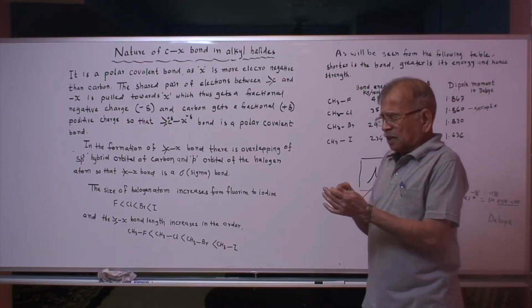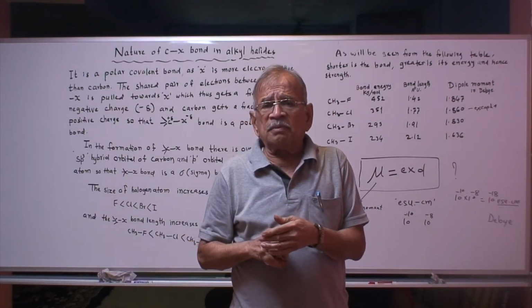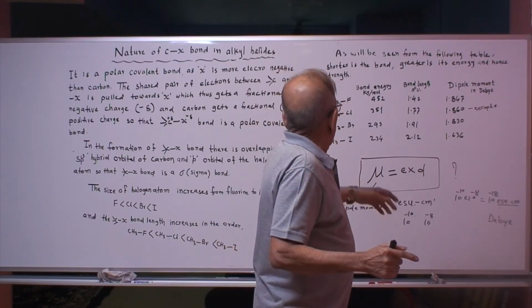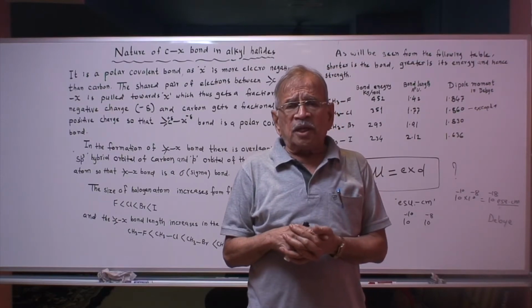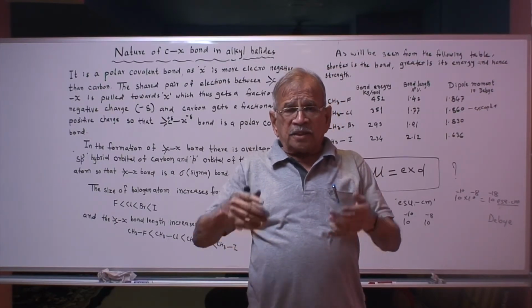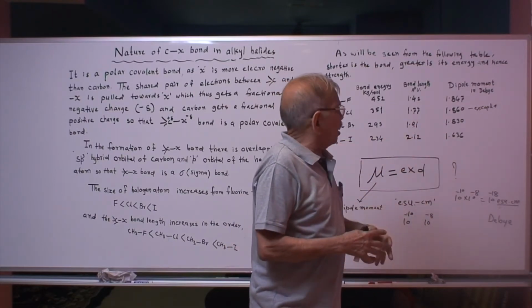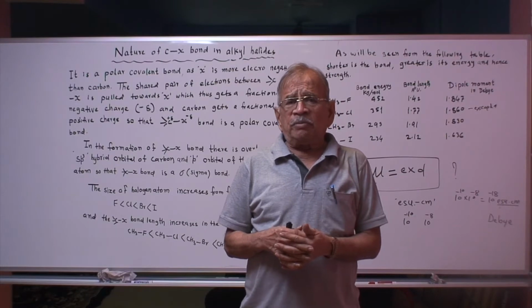Sir, why is there an exception? Why is the dipole moment of the C-Cl bond in chloromethane greater than the dipole moment of the C-F bond in fluoromethane?